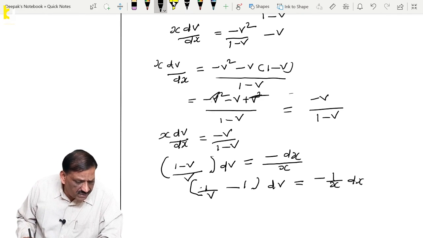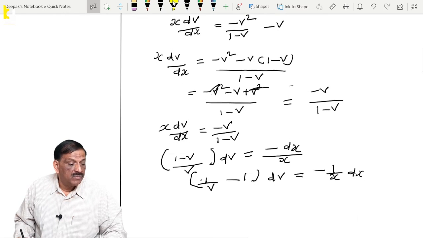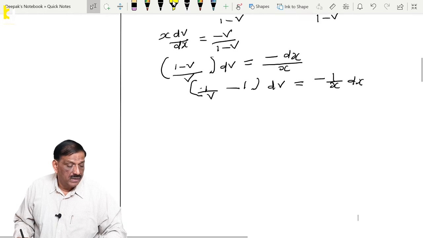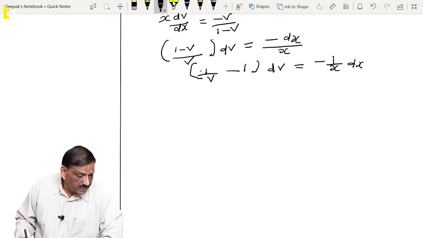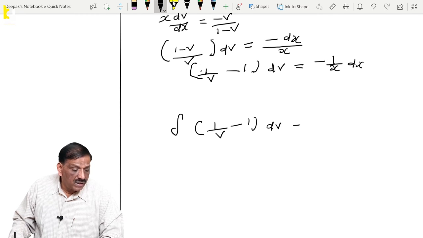Then integrate both sides. We must integrate both sides. That is equal to integral 1 by v minus 1 into dv equal minus integral 1 by x dx.